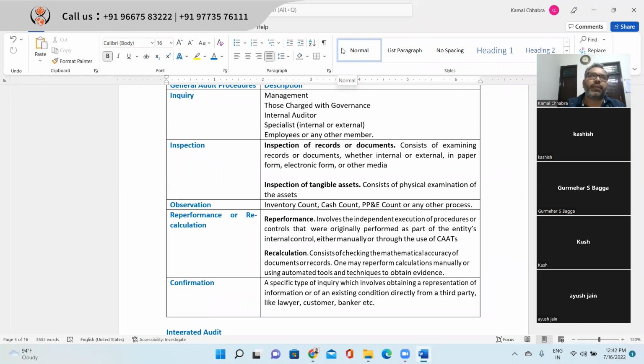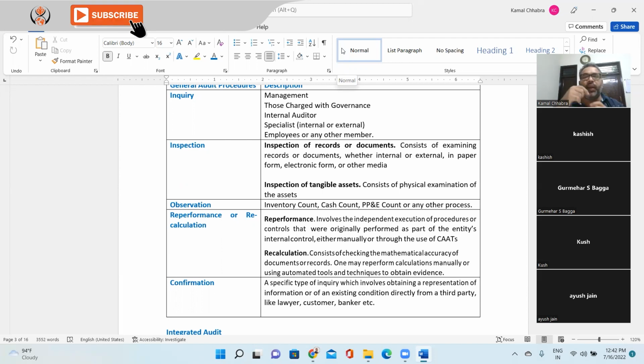For example, we discussed in the morning the purchase and payable process. What all documents will you be inspecting? Purchase requisition, purchase order, goods receipt note, invoice, and then payment support and everything, right?